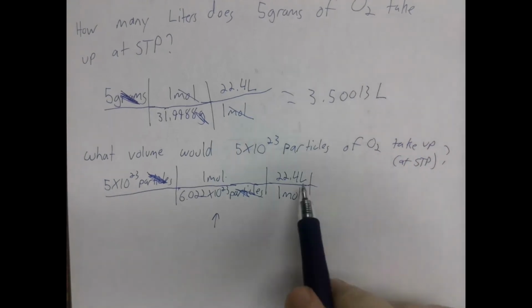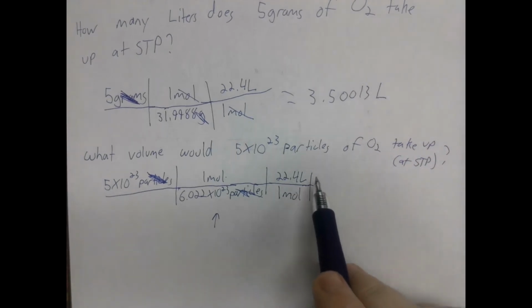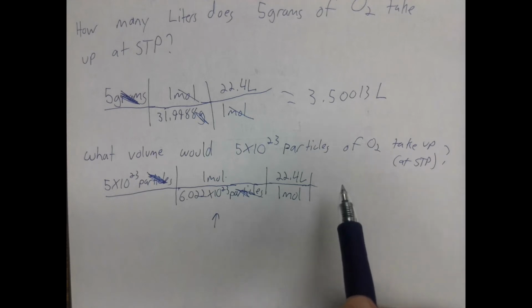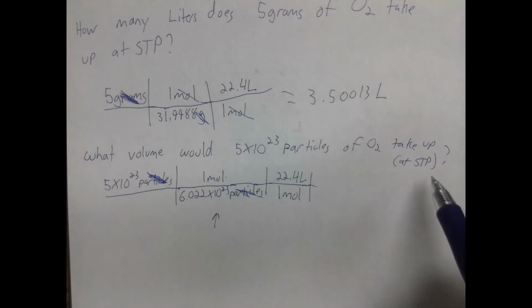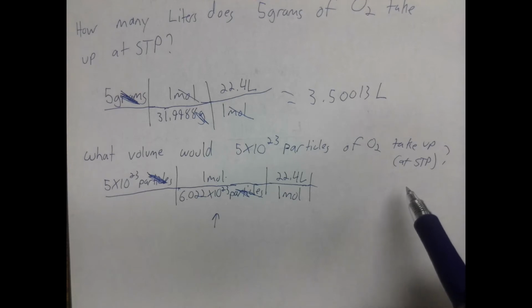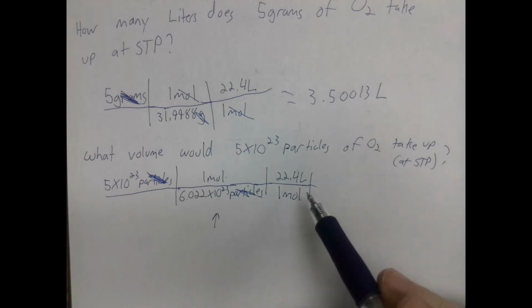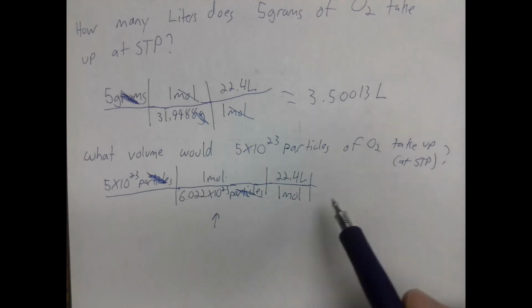By the way, this definition of 22.4 liters has changed, I think, because STP has changed. Our standard temperature and pressure has changed very slightly. But in this class, it doesn't matter which values we use. Just note that this is only true before the 70s.